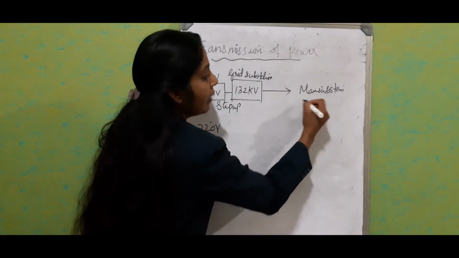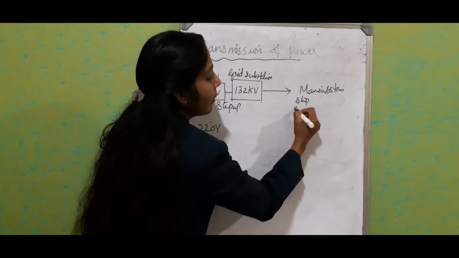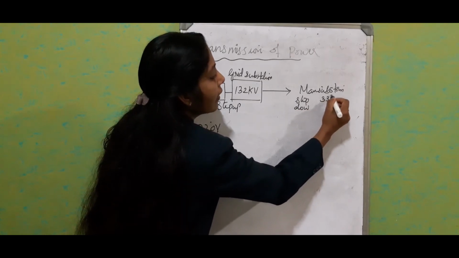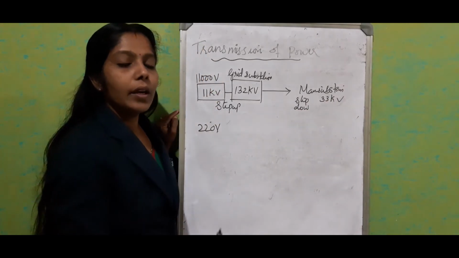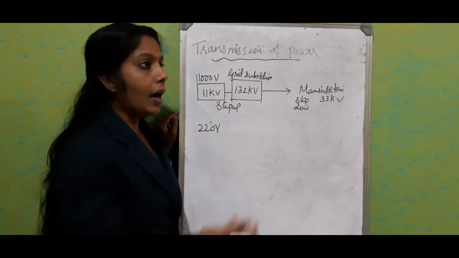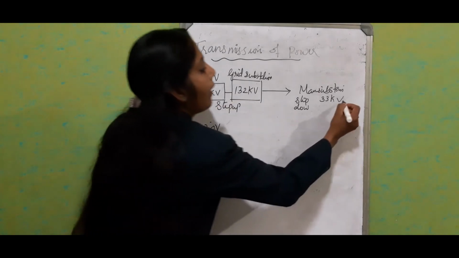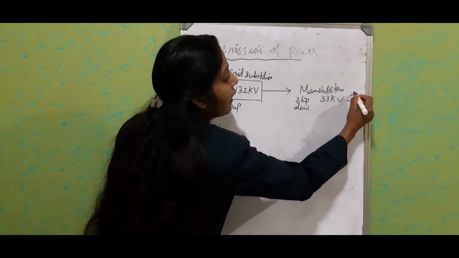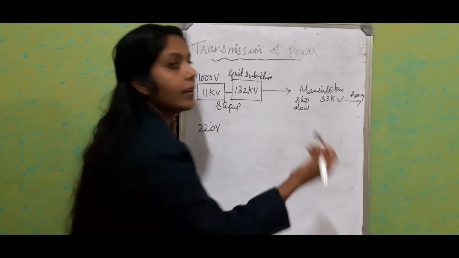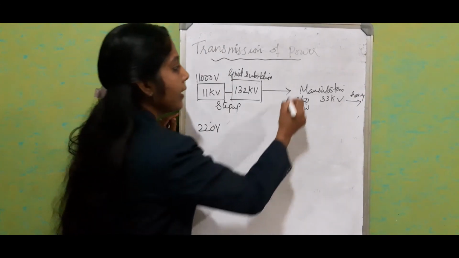It is stepped down to 33 kilovolt. Some industries require this voltage to run their factories, so it will be given to heavy industries.